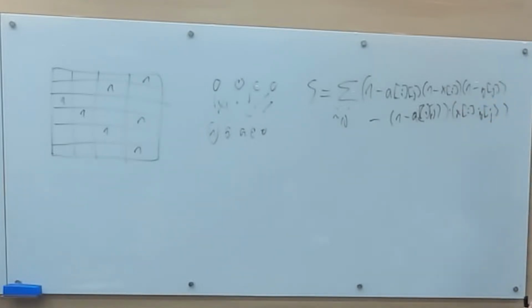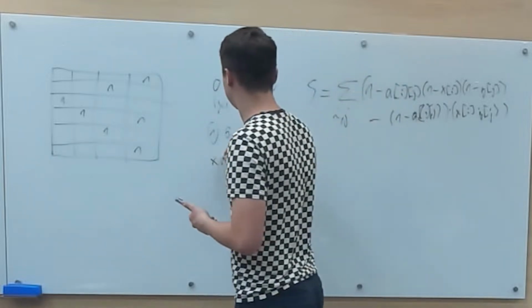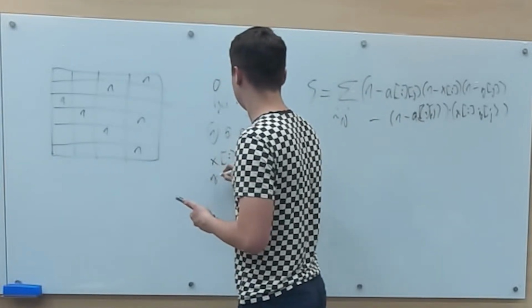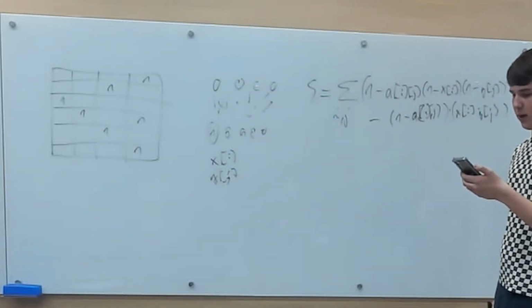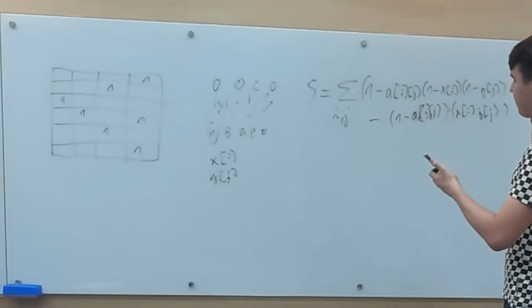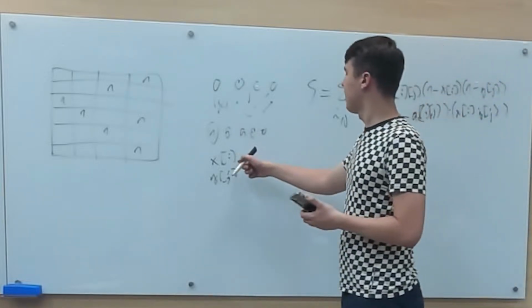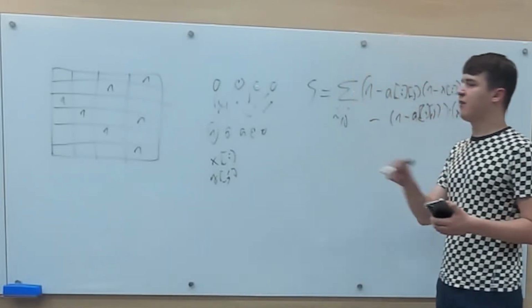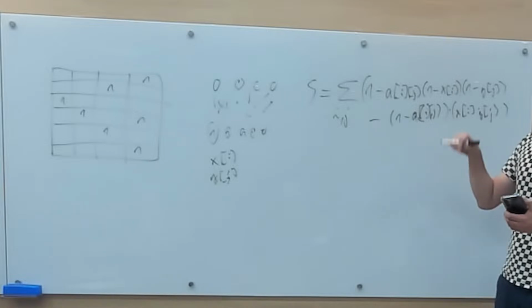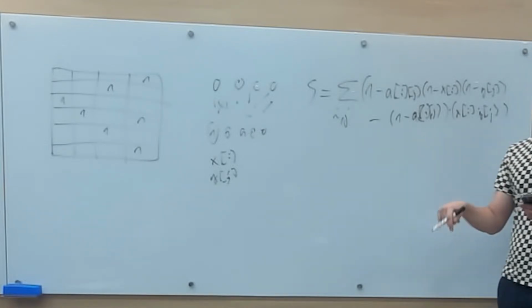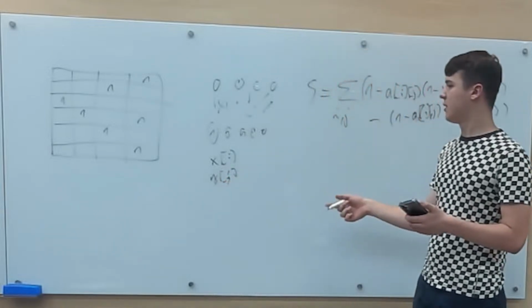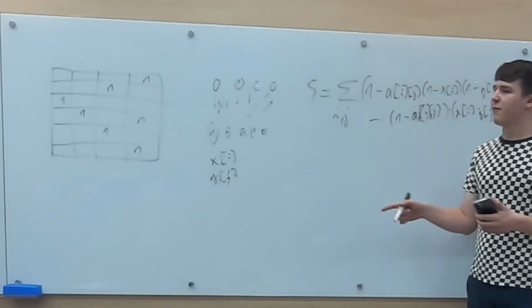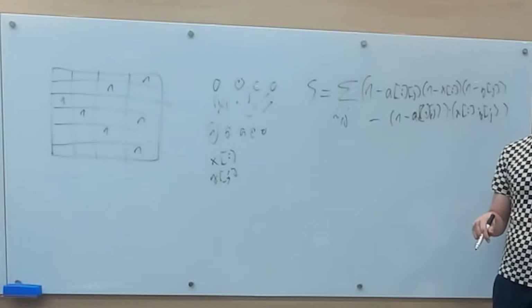So what does this expression mean? We define xi and yj as sequences. xi means that in the i-th row we decide to cover all ones, and yj says that in the j-th column we decide to cover all ones.